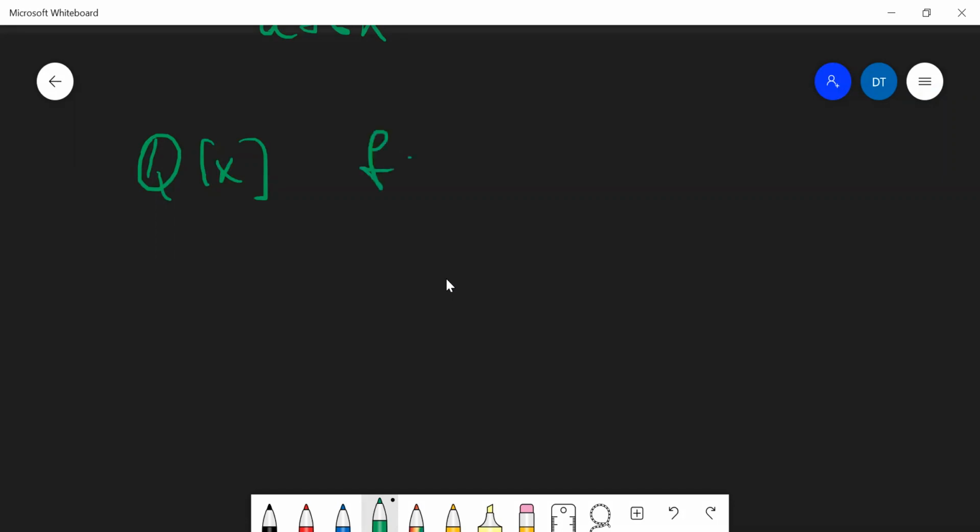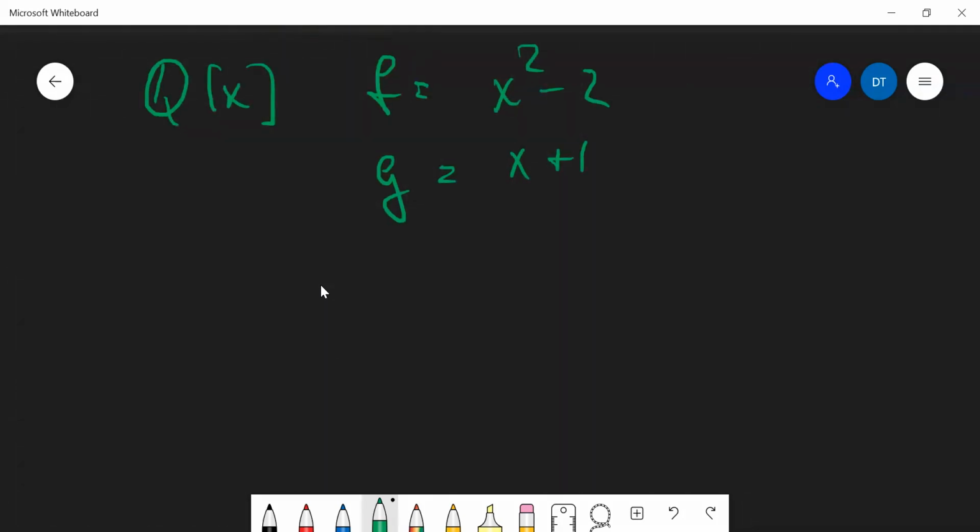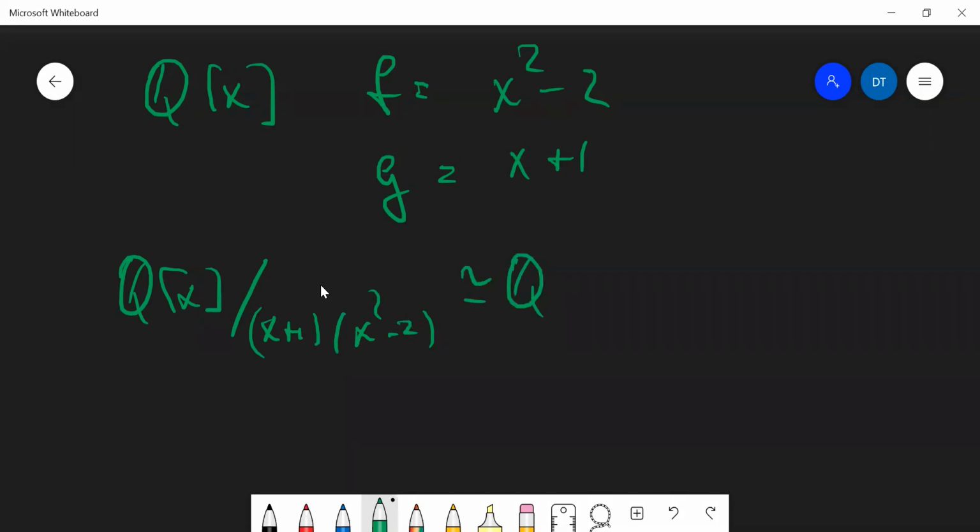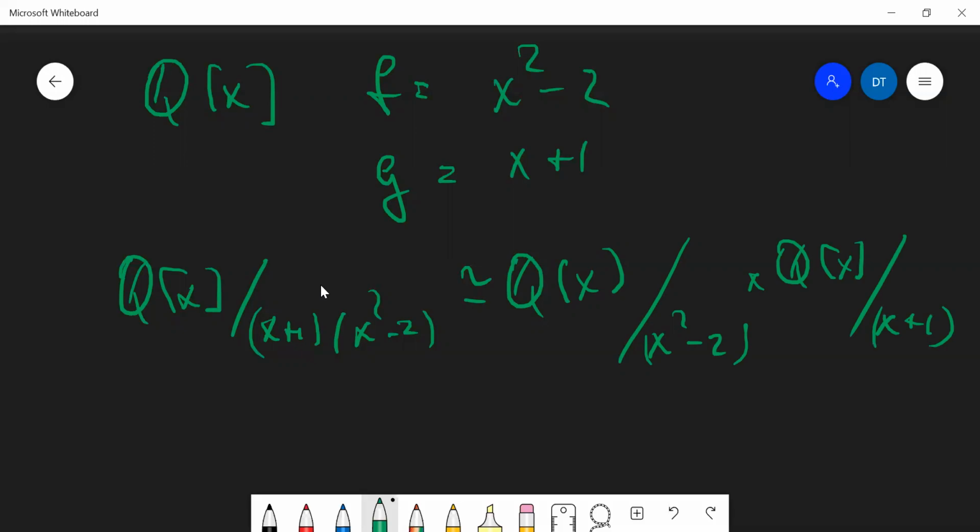So let f be, say, x squared minus 2, and g is x plus 1. Then Q of x quotient by x plus 1 times x squared minus 2 is isomorphic to Q of x quotient by x squared minus 2 times Q of x quotient by x plus 1. This is the Chinese remainder theorem.